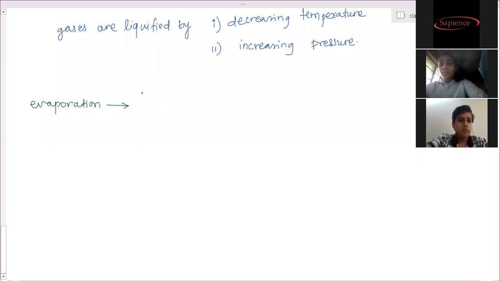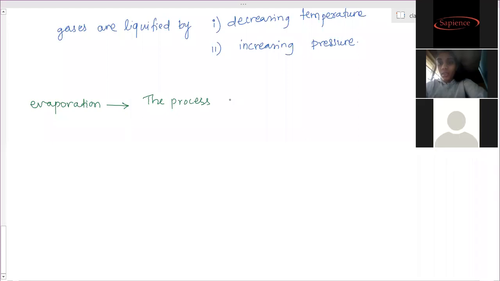Sushila? Yes, ma'am. Evaporation? The process of conversion of water into water vapors below its boiling point is known as evaporation. Only water? Only water?